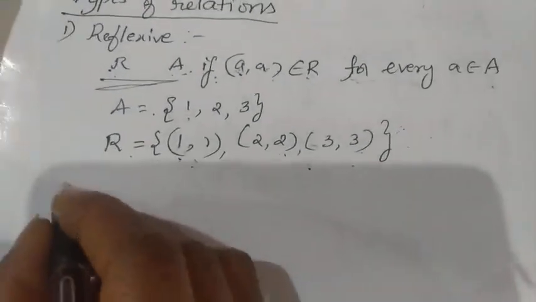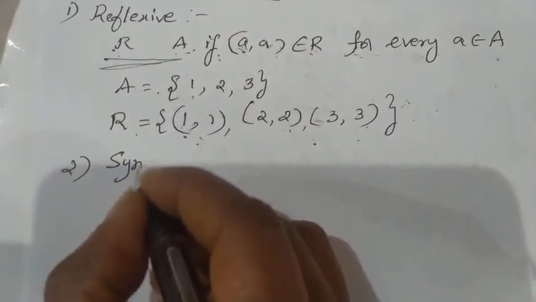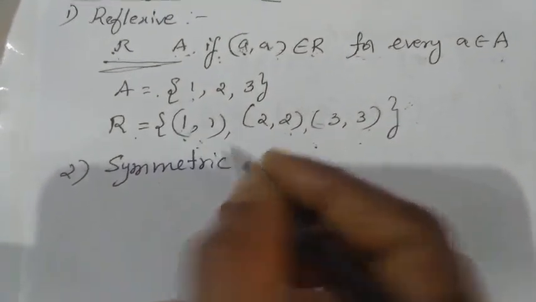Okay. Then the second type is symmetric. Symmetric relation.